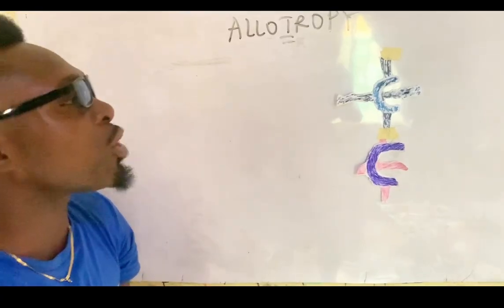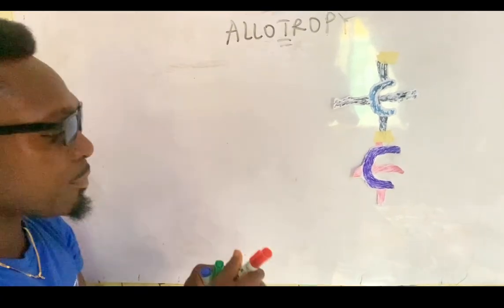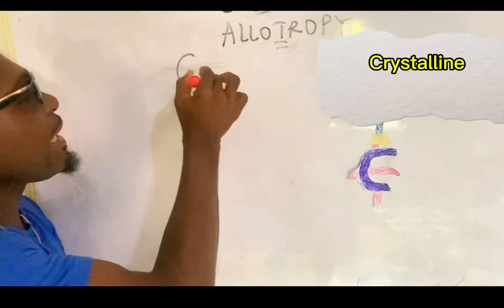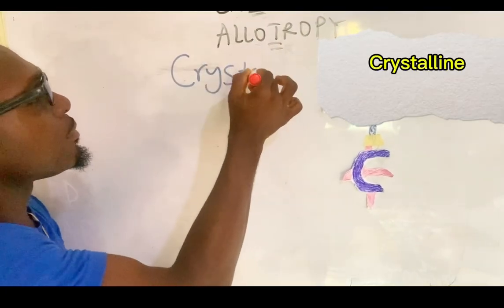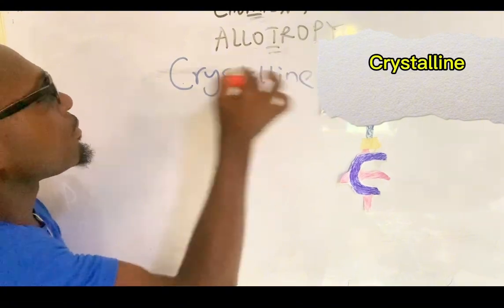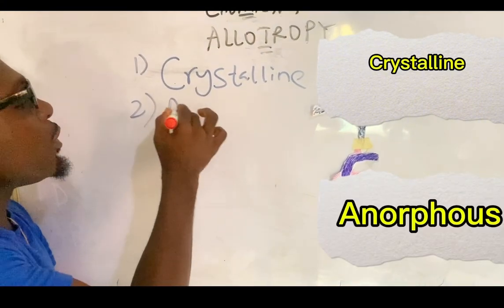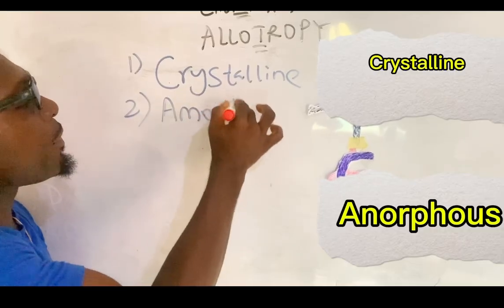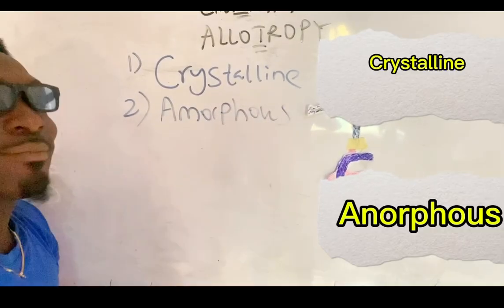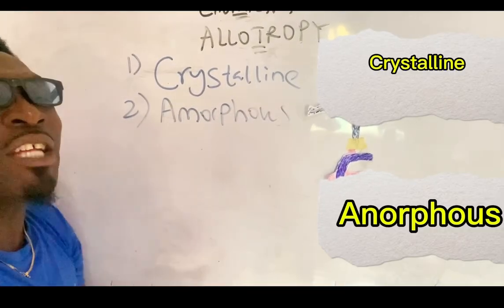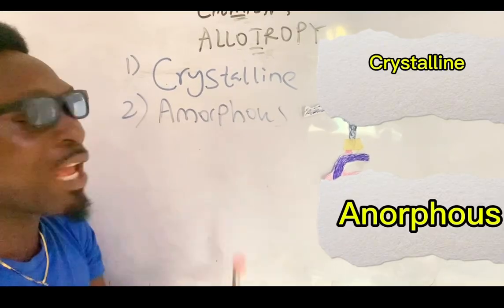There are two main allotropes of carbon. Number one, the crystalline allotropes of carbon. Number two, the amorphous allotropes of carbon. These are the two major allotropes of carbon that we have.